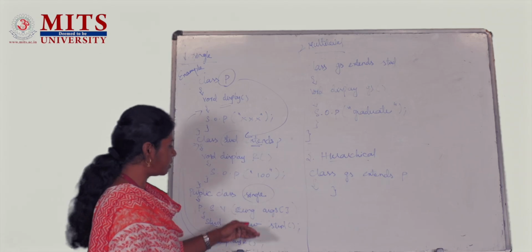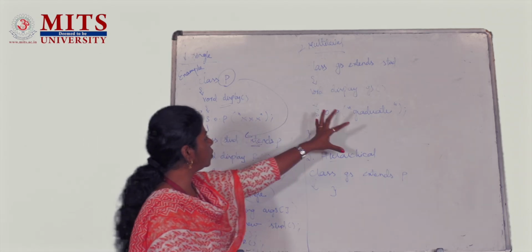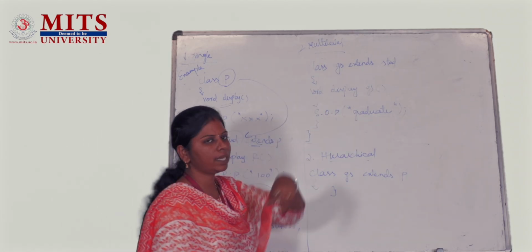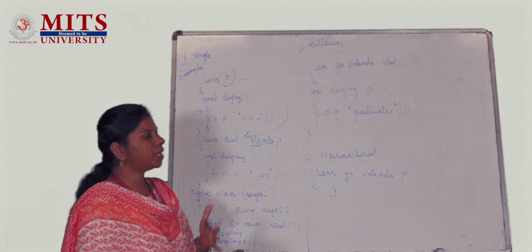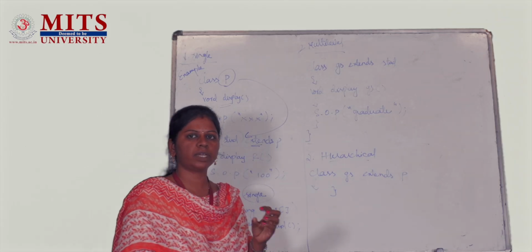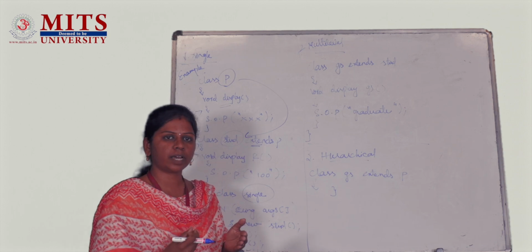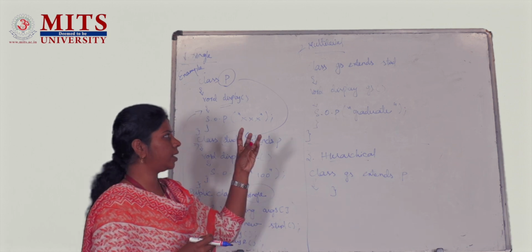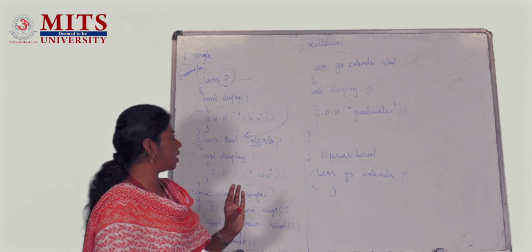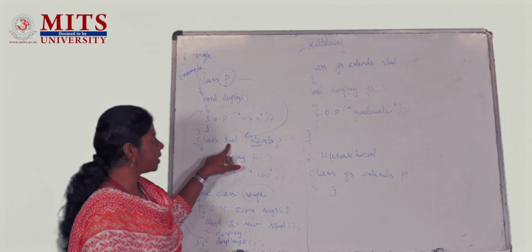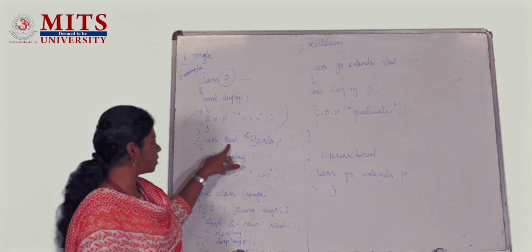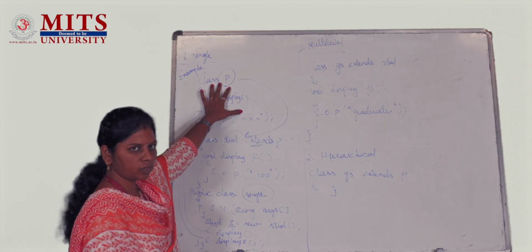From this example, I'm extending one more example, that is multi-level inheritance. What is multi-level inheritance? The process of inheriting properties from derived class to derived class. So we are inheriting properties from a derived class. What is our derived class here? Student. Here just consider this is our base class, no need to change anything.